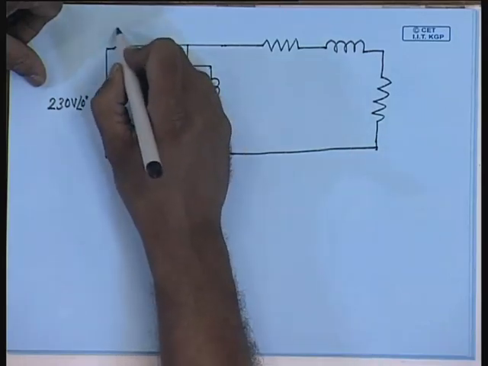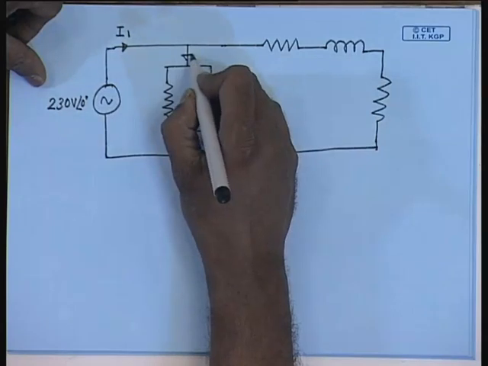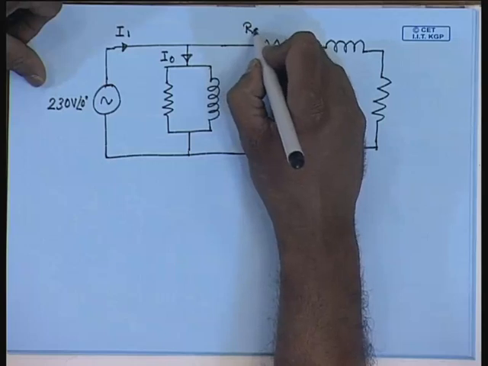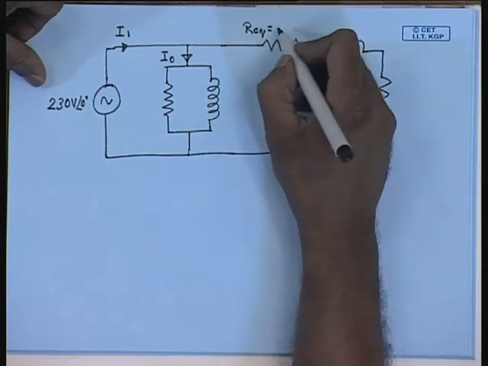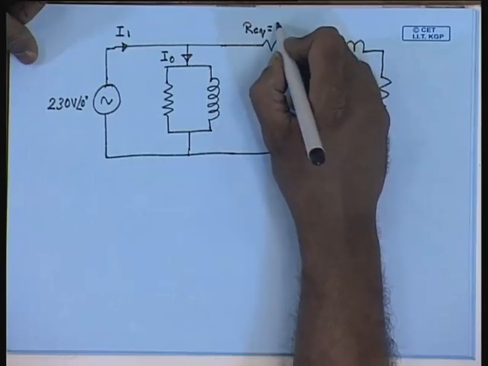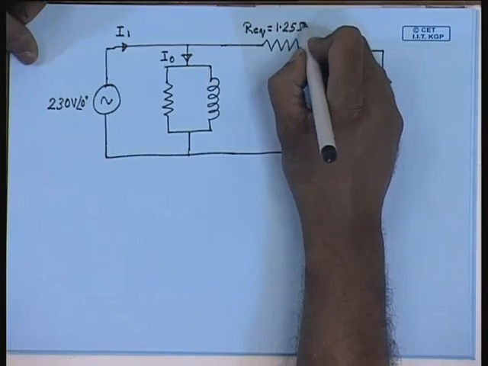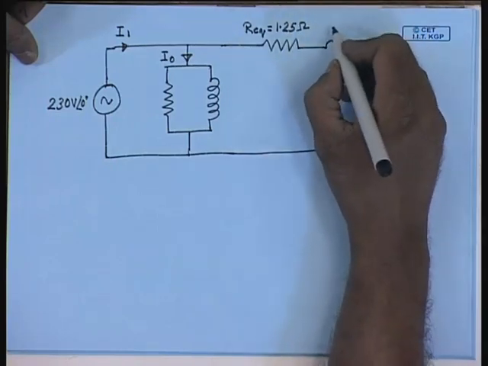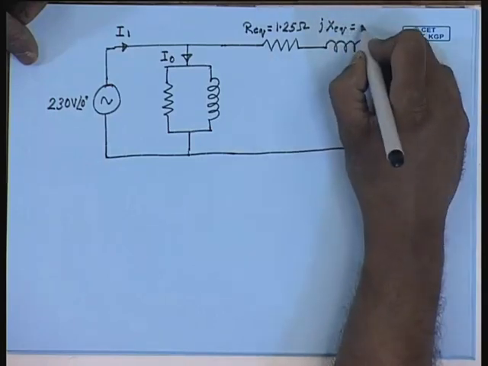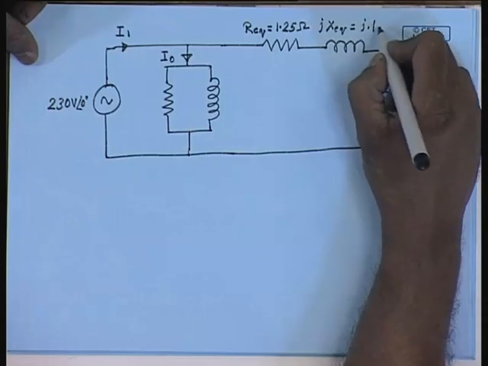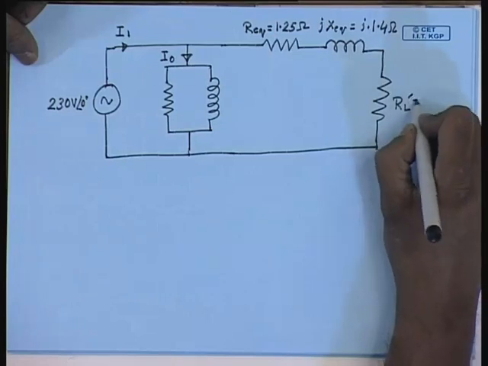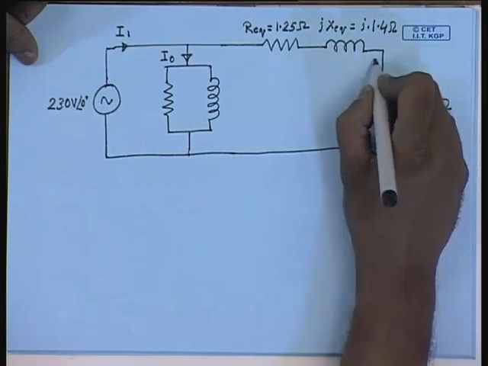We have to find out this current I1, the no load current I0. Req from the given data is equal to 1.25 ohm, Xeq from the given data is j1.4 ohm, the load resistance RL dash equal to 15 ohm.